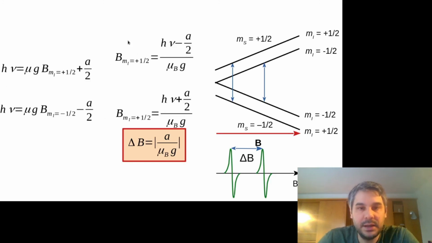So we can simplify and obtain the values for the magnetic field B as h nu minus a/2 over mu B times g. I got the B back here. And the other magnetic field for the other transition will be equal to h nu plus a/2 over mu B times g.